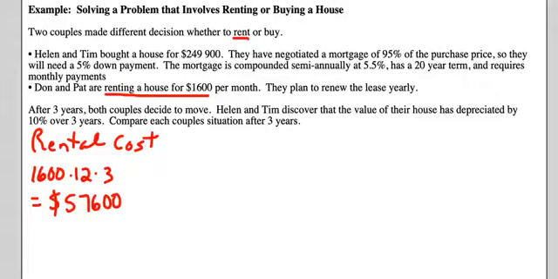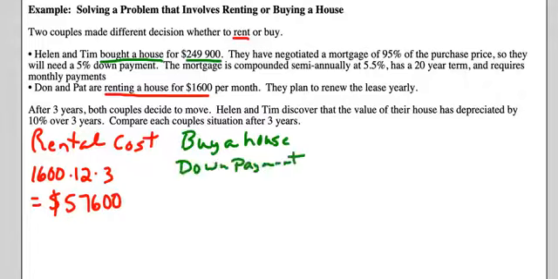Now, we have to figure out what it will cost if we're to buy the house. So if we're going to buy a house, we have to look at what's our down payment. So how much of the house do we have to pay for right now? In this case, we're told that the down payment is 5%.